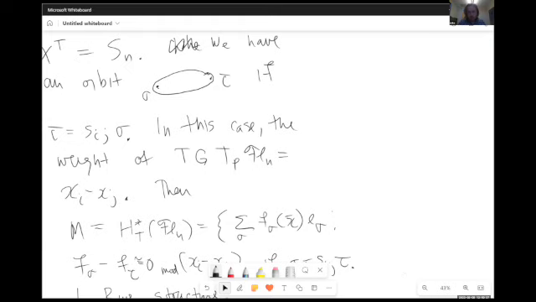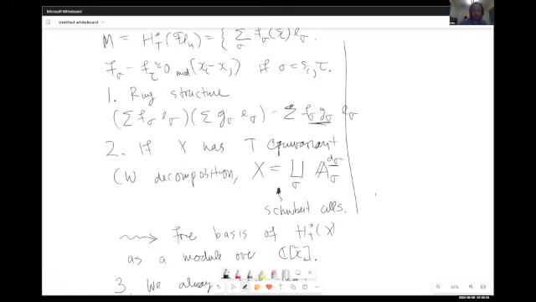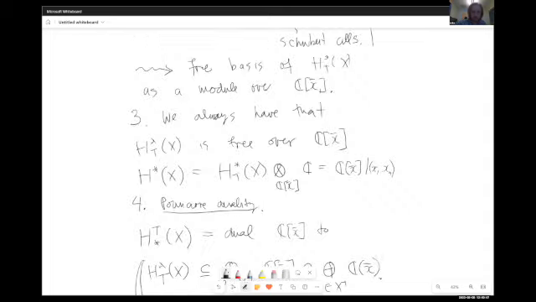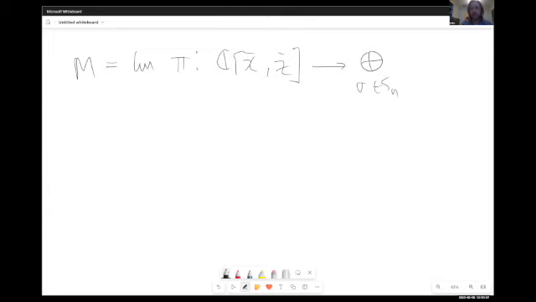So now in this paper, the module M is equal to the image of the map pi, taking C of xz into the direct sum over all sigma in the symmetric group of C of x times E of sigma.